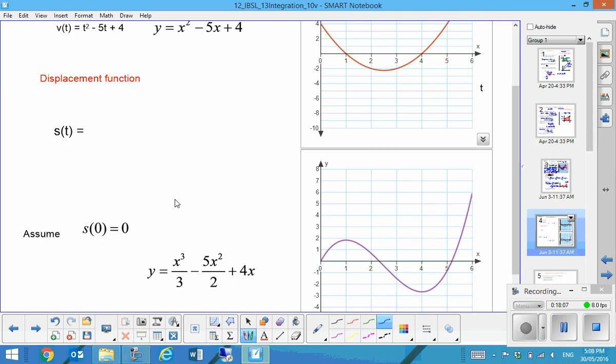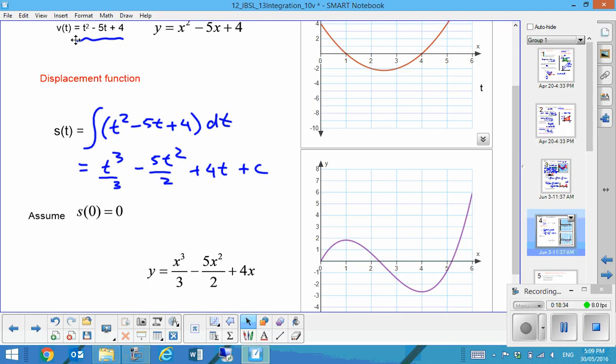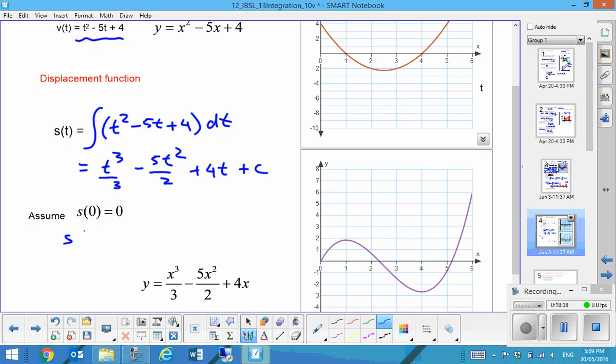So if we integrate this function, the integral of t squared minus 5t plus 4 dt equals t cubed over 3 minus 5t squared over 2 plus 4t plus c. If we assume that initially the particle was at 0, then that's our displacement function without the c.